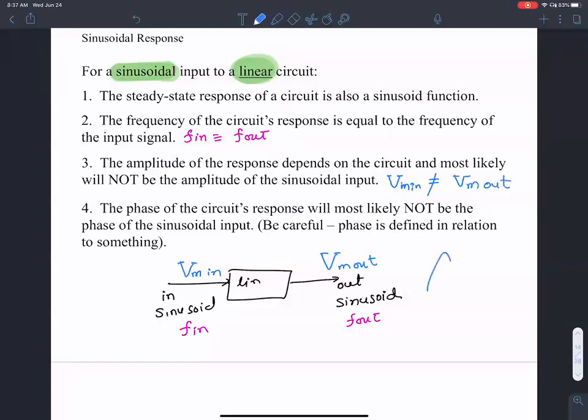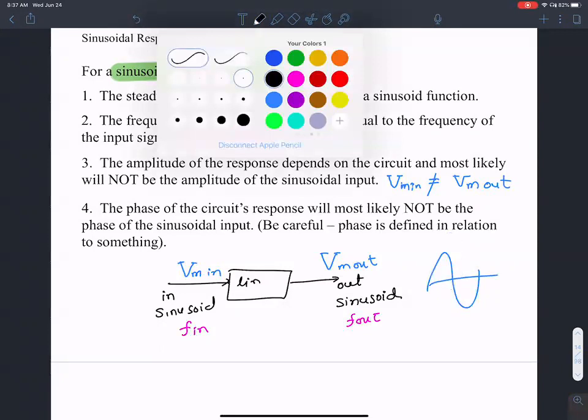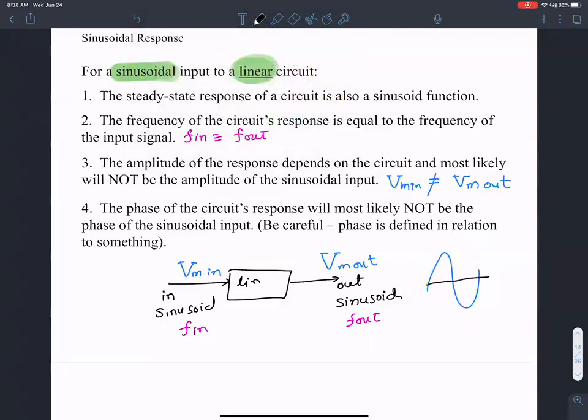So if your input is like so, the output may be an amplified version, but with the same frequency. Don't forget that it has the same frequency still.